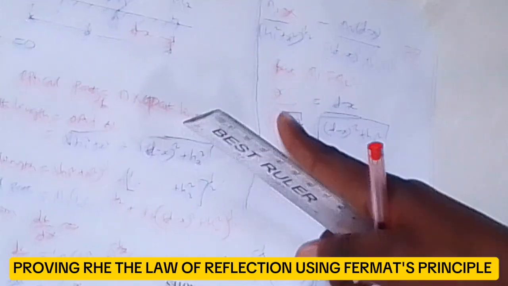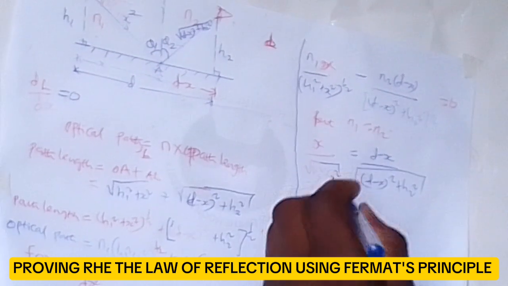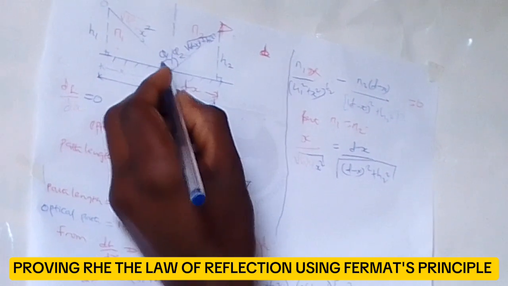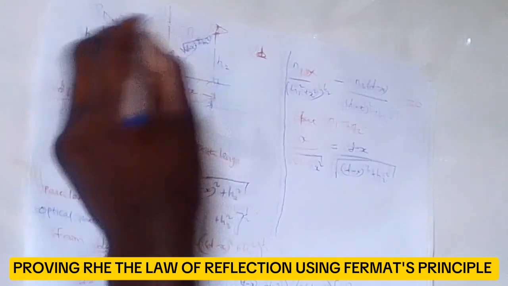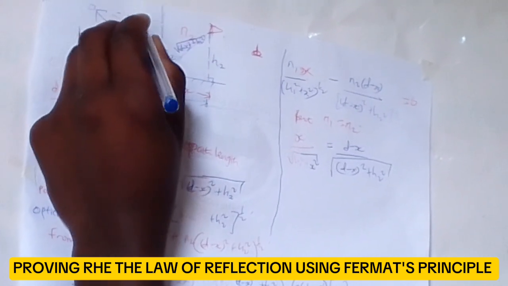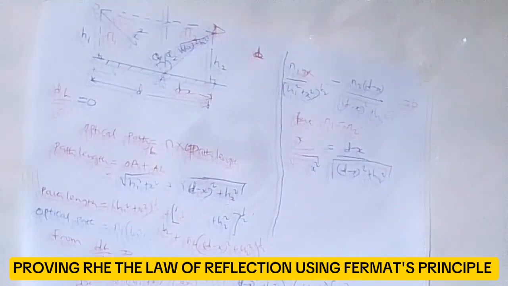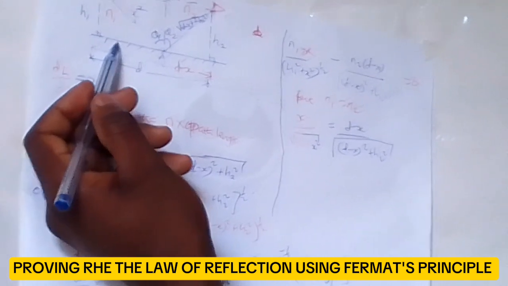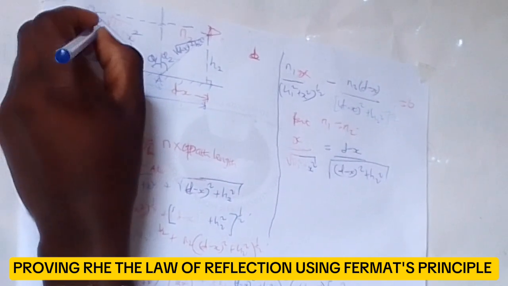So when you look at this diagram, x over root of this is the same as sine of theta 1. Remember this is our theta 1. If I complete here like this, I also complete here like this. So our x is here. Now if this is theta 1, it means this one is also theta 1.